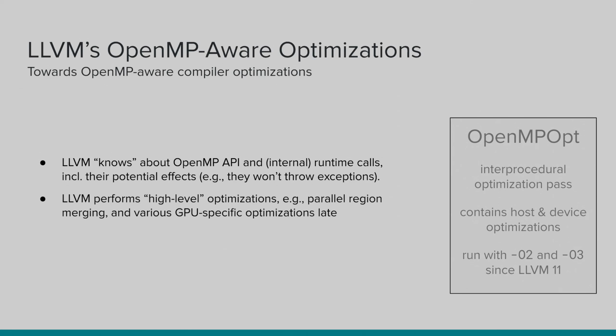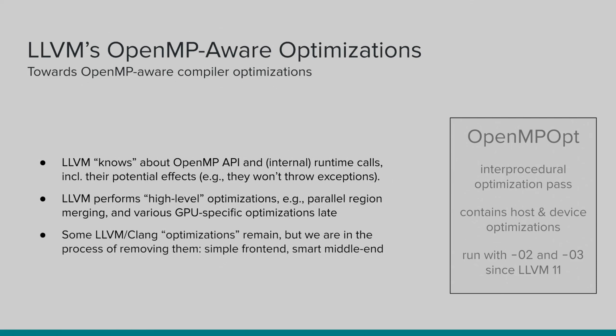Can you execute it redundantly, or do you have to guard it and execute it single-threaded and introduce barriers and propagate the results among all the threads and so on and so forth? So all of this reasoning is on a high level, because you have to argue about things that are not explicit in the IR. It also has a lot of GPU-specific optimizations that run late in the optimization pipeline, and we're going to see some of them later on.